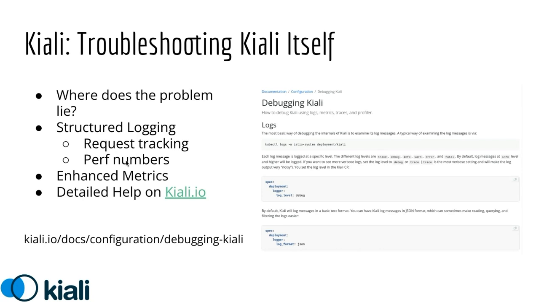We've enhanced our metrics, made sure that they're in good shape. But most of all, probably, there's now detailed help on Kiali.io. We always had basically a debugging Kiali page, but it's much more robust now. And we'll be continuing to work on that as well, as it's still a focus area.